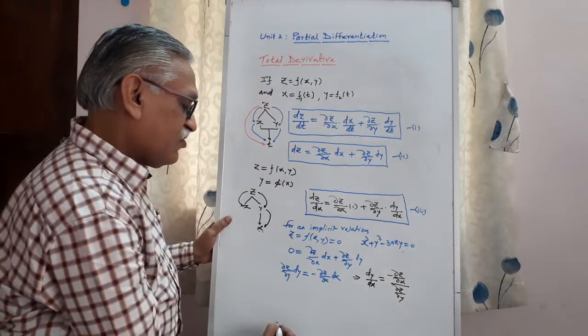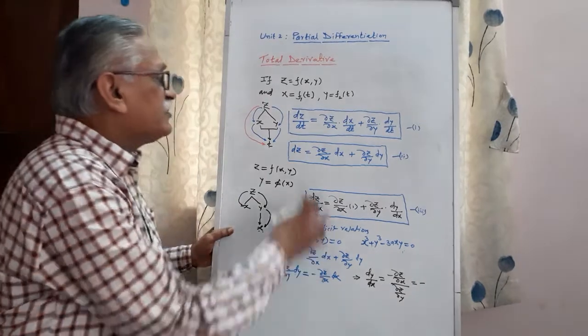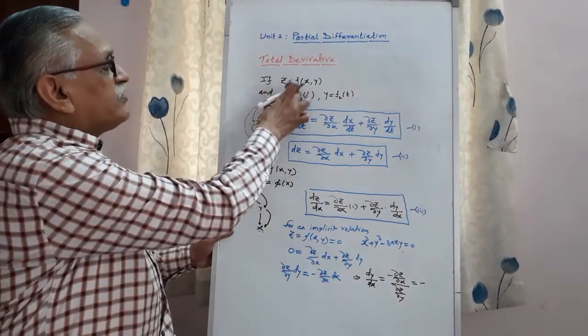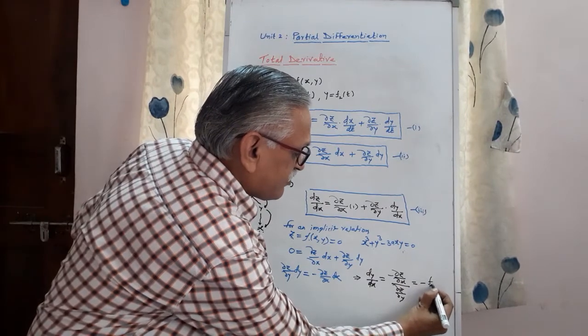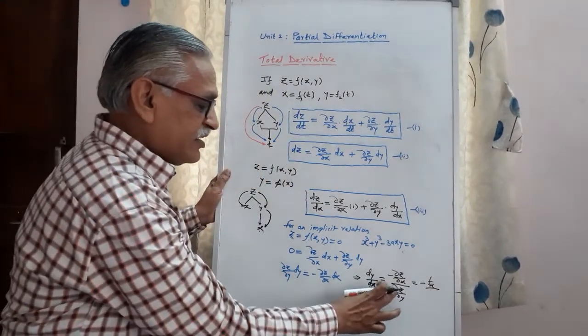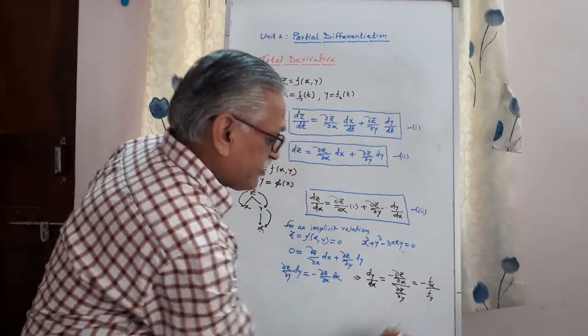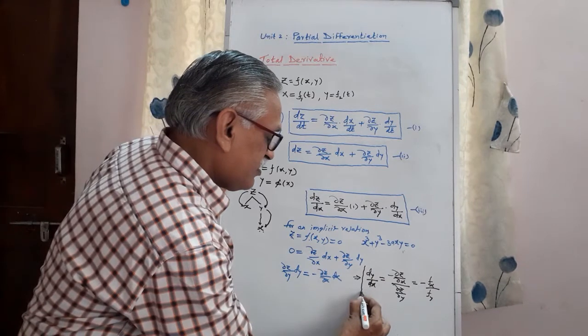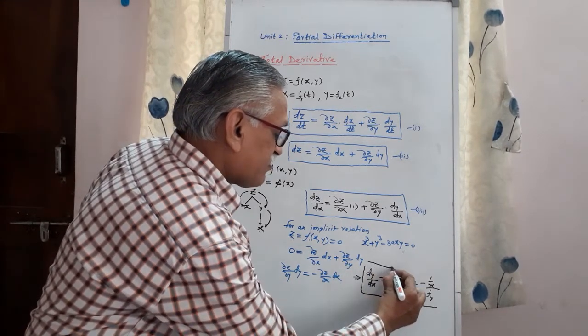Therefore, z means f, so its derivative with respect to x I can write as f suffix x, divided by the derivative with respect to y, which is f suffix y. Therefore, this is result number 4 for total derivative.